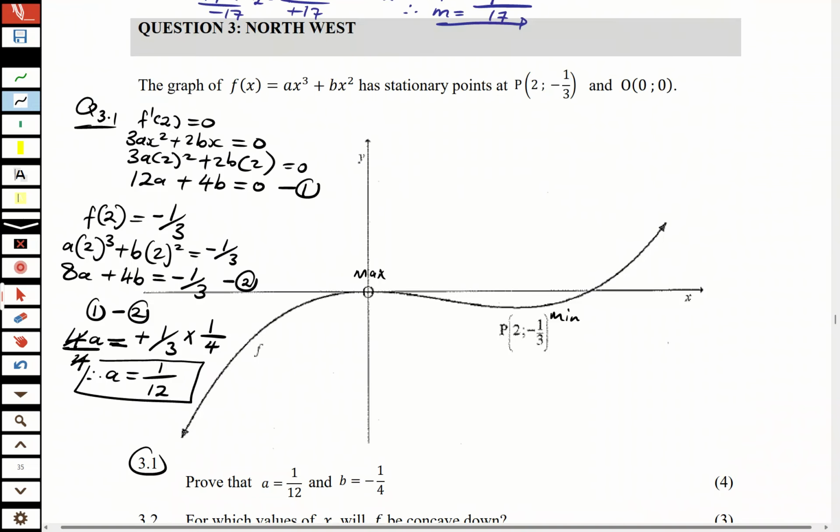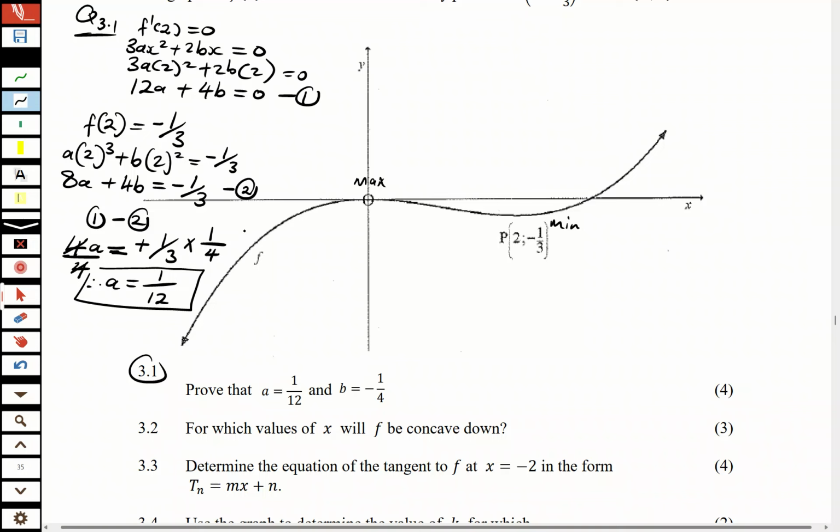So now to find b, you substitute a equals 1 all over 12 into which equation? Equation 1, since I see I have 0 there. So this will be 12 into 1 all over 12 plus 4b, which is equal to 0.